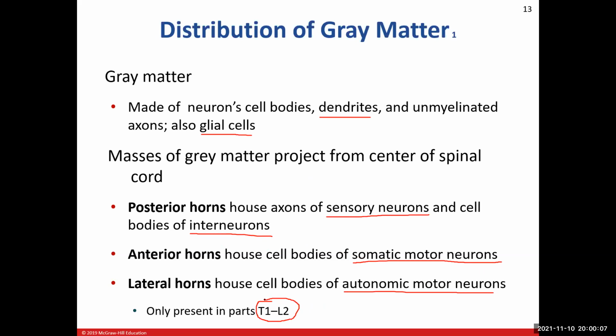That's the thoracolumbar division, the sympathetic nervous system. You're right, the lateral horns are where we find the cell bodies of the autonomic motor neurons for our thoracolumbar division.